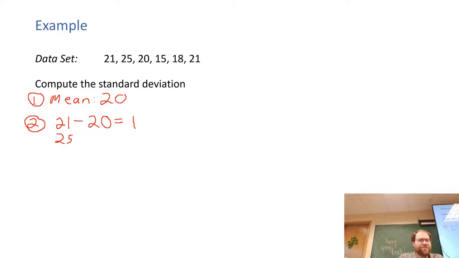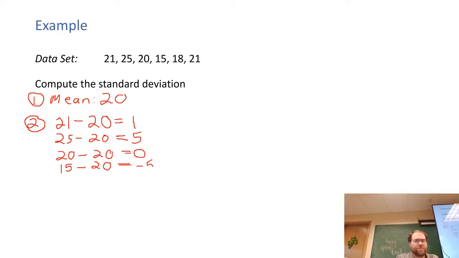But we're going to do that with all of these. So 25 minus the 20 for the mean gives us 5. 20 minus 20 is 0. 15 minus 20, negative 5. 18 minus 20, negative 2.